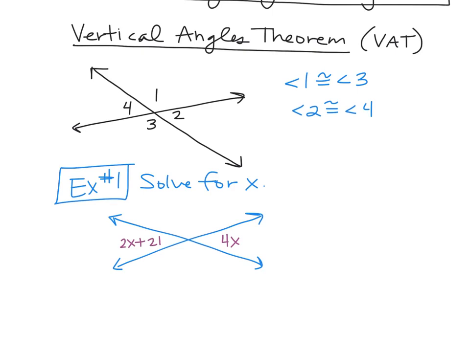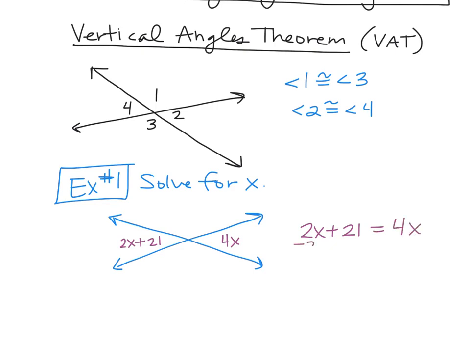If I tell you to solve for x, what do we have to do with this? Right, you just set them equal to each other because vertical angles are congruent. So 2x plus 21 equals 4x. And then we solve for x.